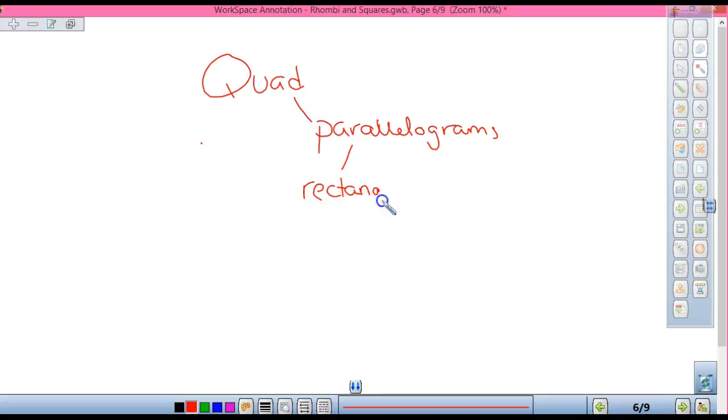Okay, a rectangle is a parallelogram. Then what did we just learn today? Rhombus. Was a rhombus a parallelogram? Yes. Was it a rectangle? No. Okay, so rhombus would go over here. A square is all of these. So all the properties that we have learned between parallelograms, rectangles, and rhombuses, or rhombi, are all going to be included in a square.